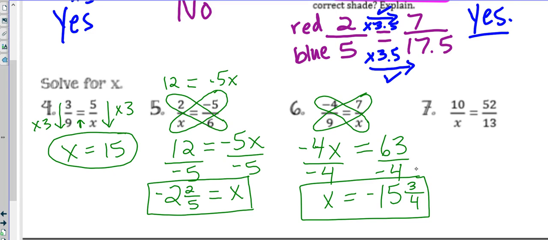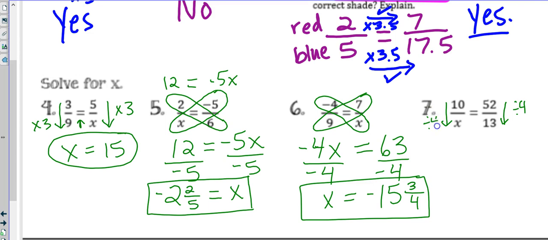All right, number 7. 10 over x is equal to 52 over 13. For this one, I could use my cross products, but I see a relationship here. I know that 52 divided by 4 is equal to 13. So I'm simply going to take 10 and divide it by 4.